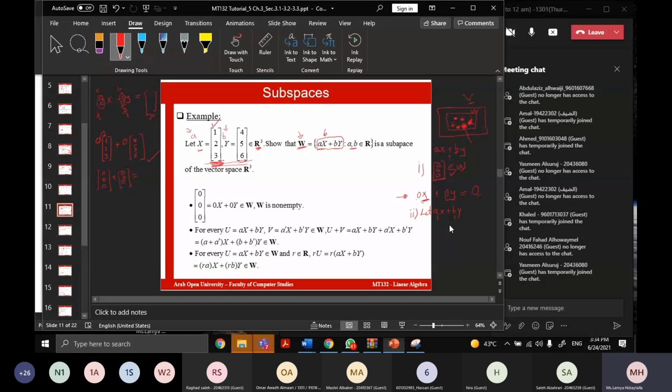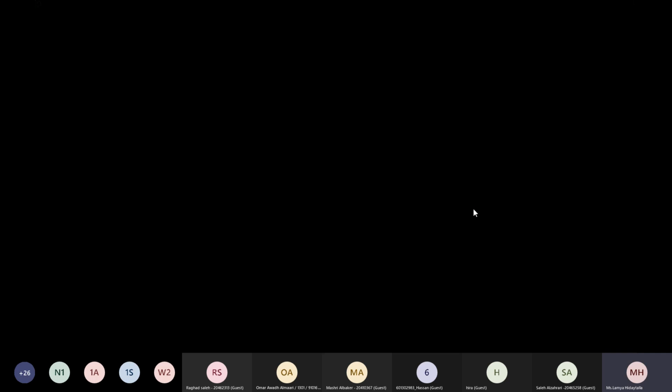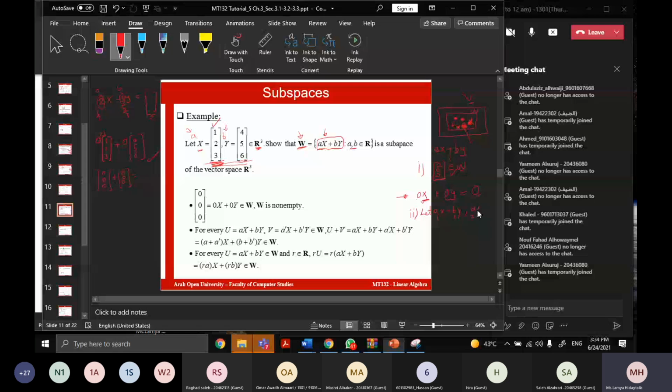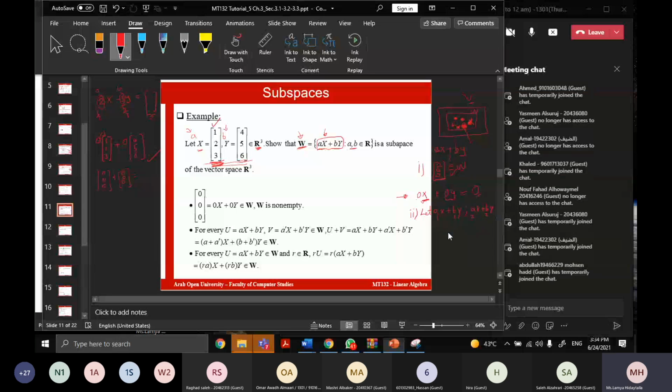This is the first vector. And the second, I take A2x plus B2y. This is the second vector. Now we want their addition. So we add this one to this one.